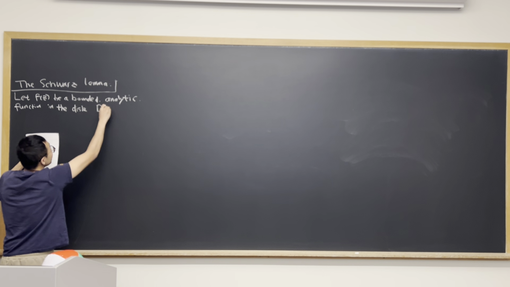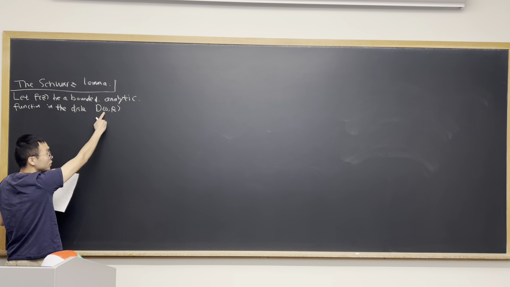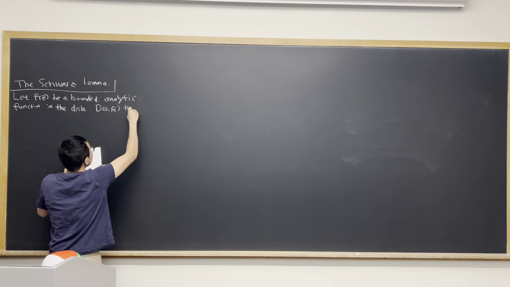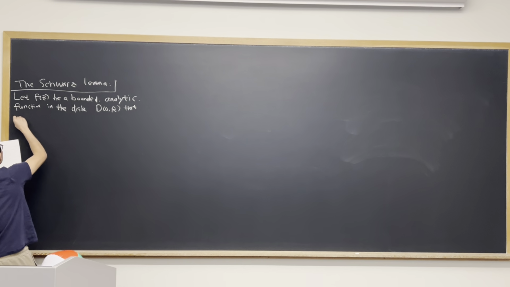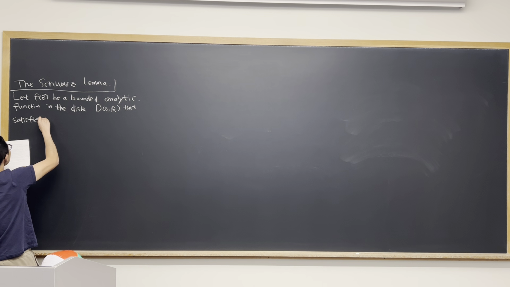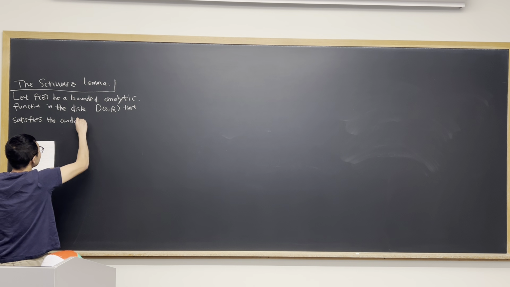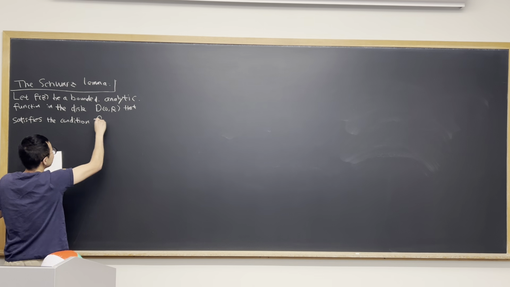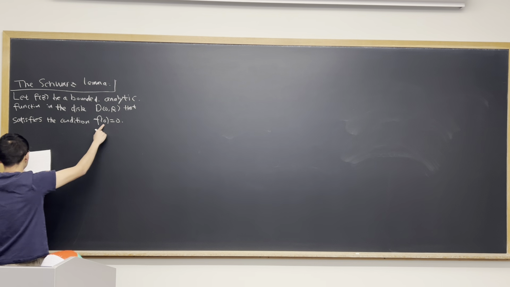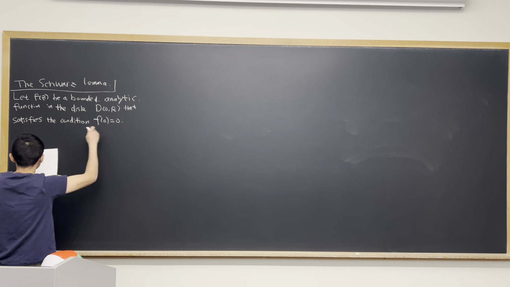I will use this notation for the disk, which means the open disk centered at 0 with radius R, that satisfies the condition f at 0 equals 0. Okay, so f at the origin in the complex plane is 0.